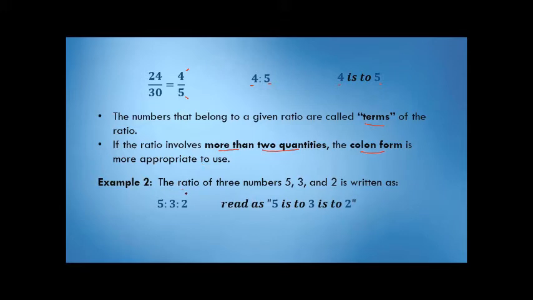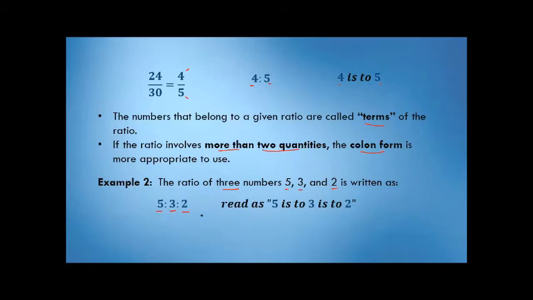So, katulad nitong example number 2, the ratio of 3 numbers, 5, 3, and 2 is written as, so we have 5, colon 3, then colon 2. So, dire-diretso. Depende sa order ng pagbanggit. So, nauna ang 5, followed by 3, then followed by 2. That is 5, colon 3, colon 2.